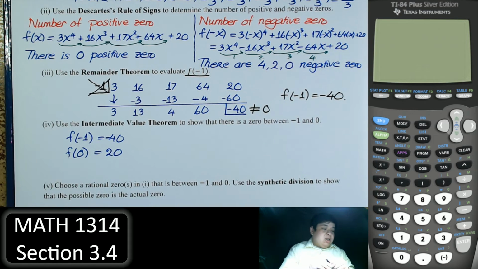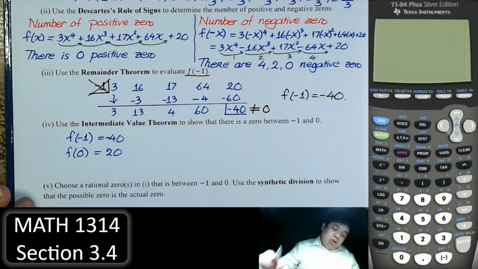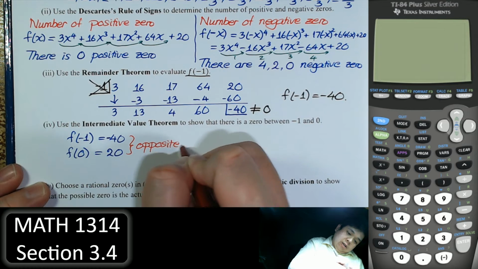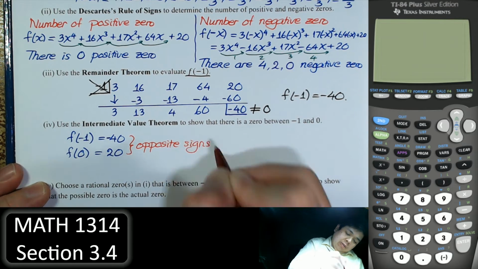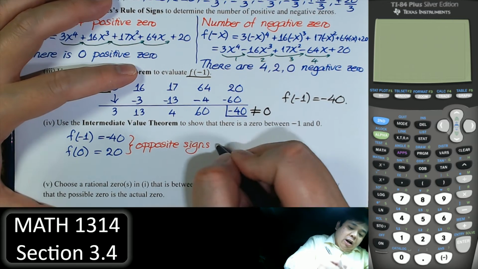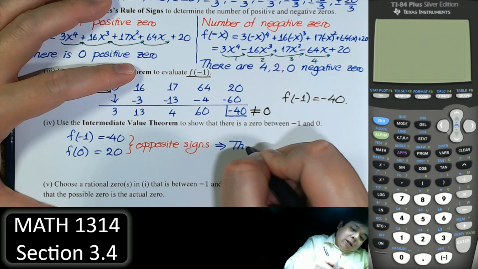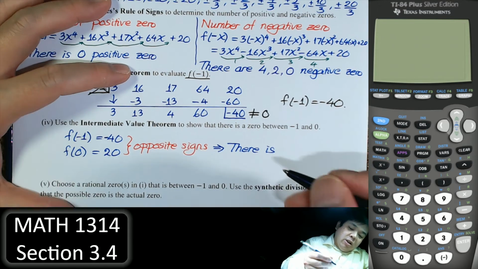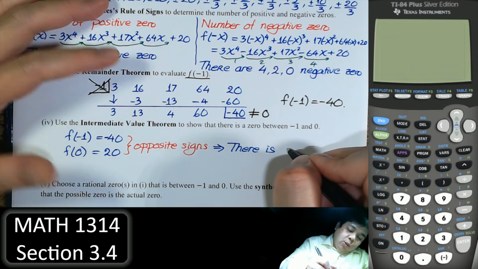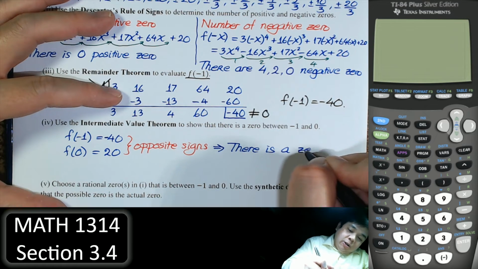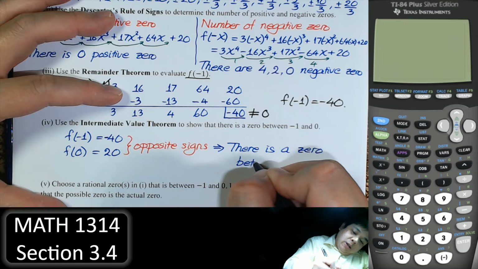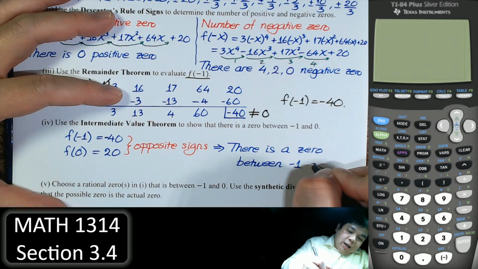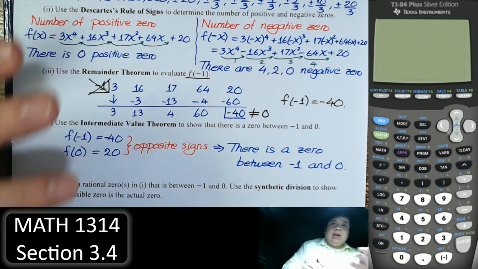So f of negative 1 is negative 40, f of 0 is 20, so they have opposite signs. Because they have opposite signs, we say there is at least 1 zero, or we should say there is a zero between negative 1 and 0. Right?